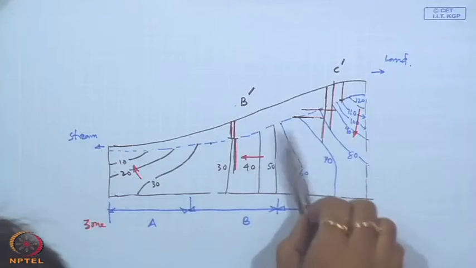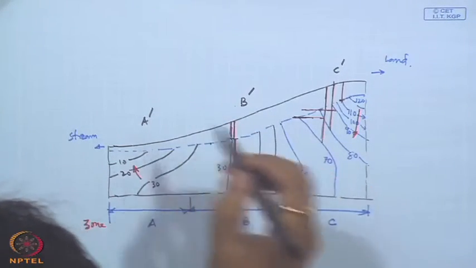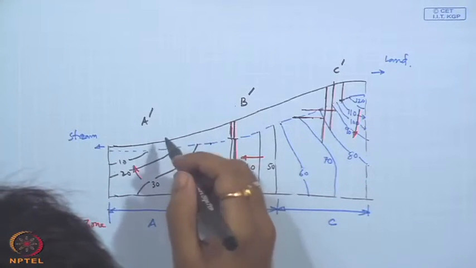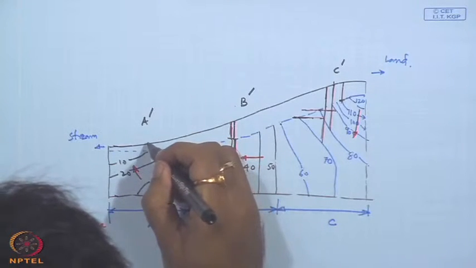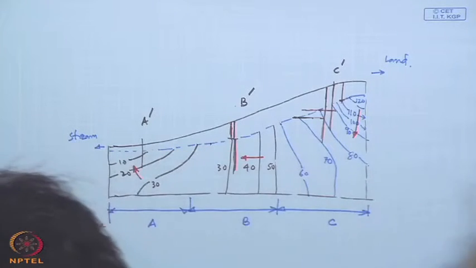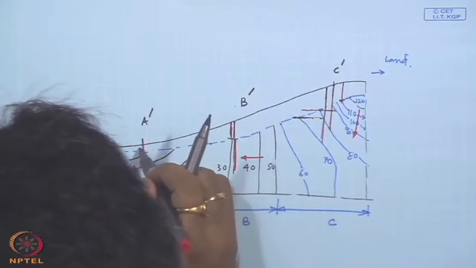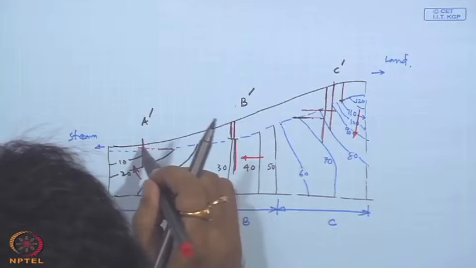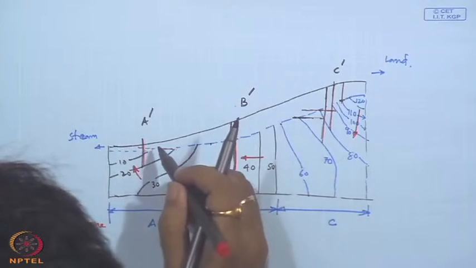So, in this region A, let us say that we have one nested network of A prime. So, if we install piezometers here, what will we observe? Observation is that our water surface or piezometric head will be above the water table.